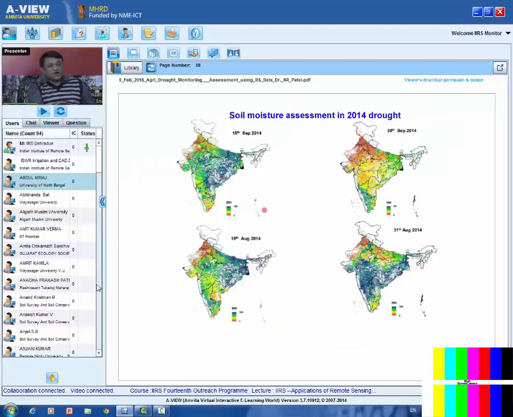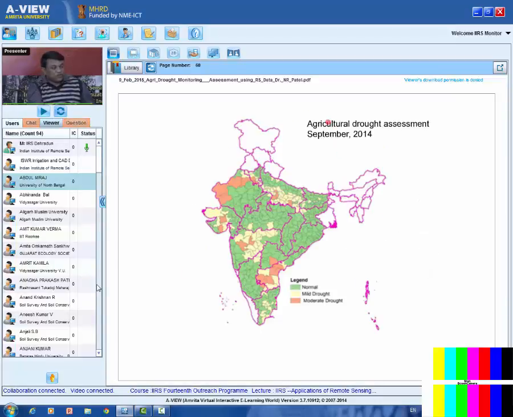Soil moisture nowadays, this is the soil moisture assessment which has been done based on the soil water balance model, operationally analyzed under the National Agricultural Drought Assessment and Monitoring Program and made available on Bhuvan also. Similarly, agricultural drought assessment for current September 2014 is categorized into areas which are normal, mild drought and moderate drought.